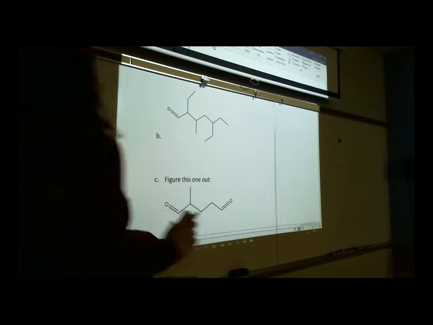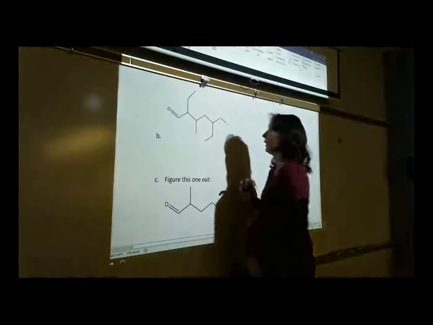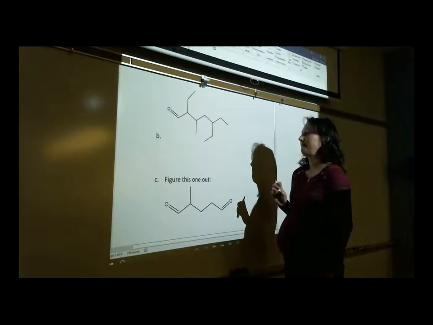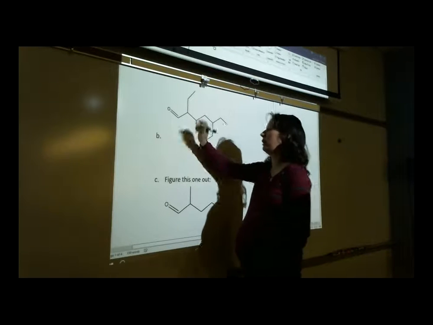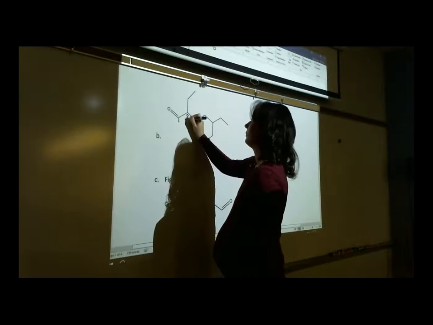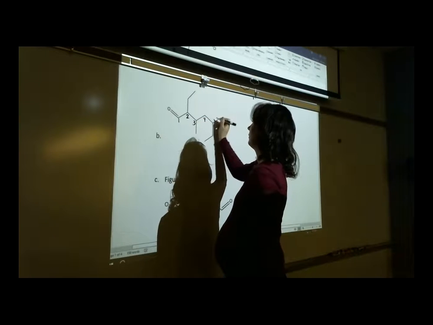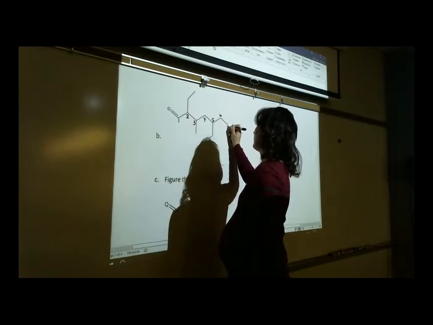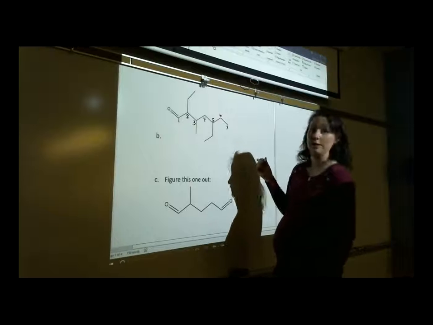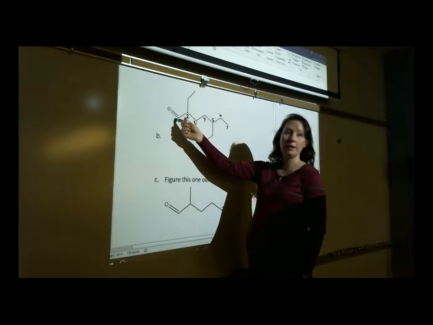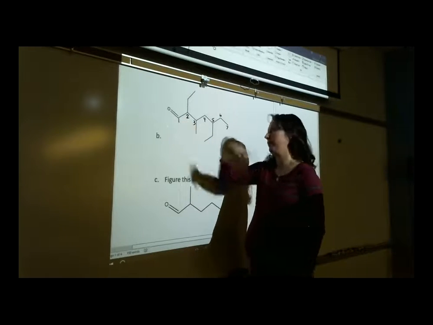I should say part B. Where's carbon number 1? On the left, on the right, top, bottom, where? It has to be this one. Why? Because it gives you the smaller numbers, but there's another reason too. The aldehyde carbon is always number 1, right?